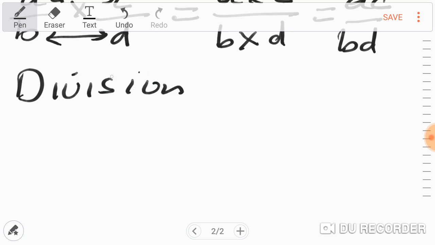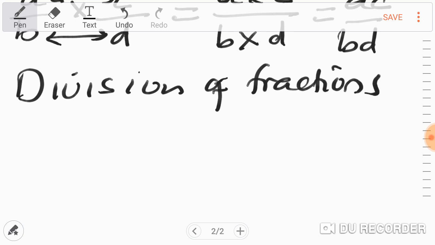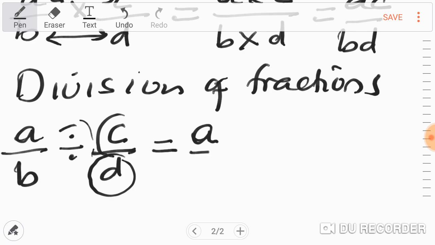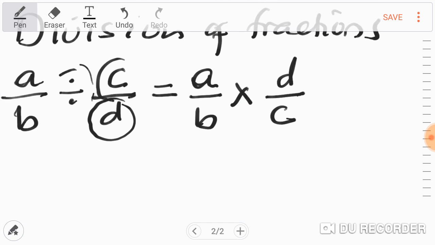And then we go to division of fractions, right? So if you have A over B divided by C over D, then you have to change now the denominator to be the numerator and then change the sign here to be multiply, which is A over B multiplied by D over C. And now when it's multiplied, you apply the same rules.